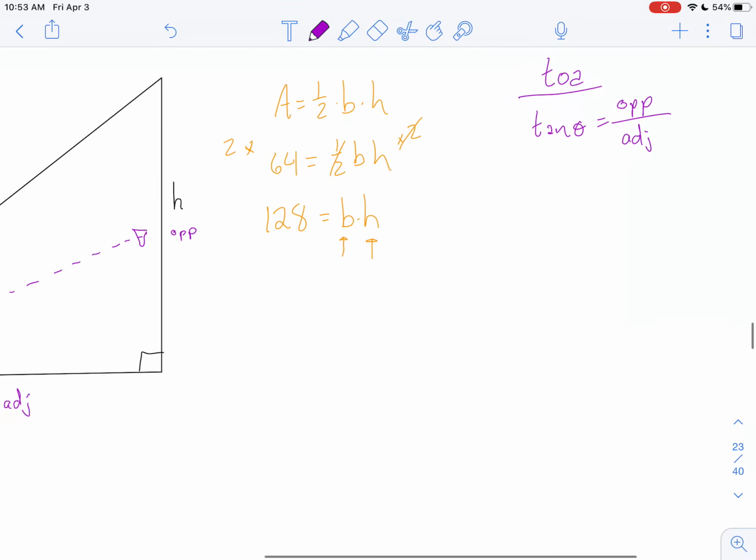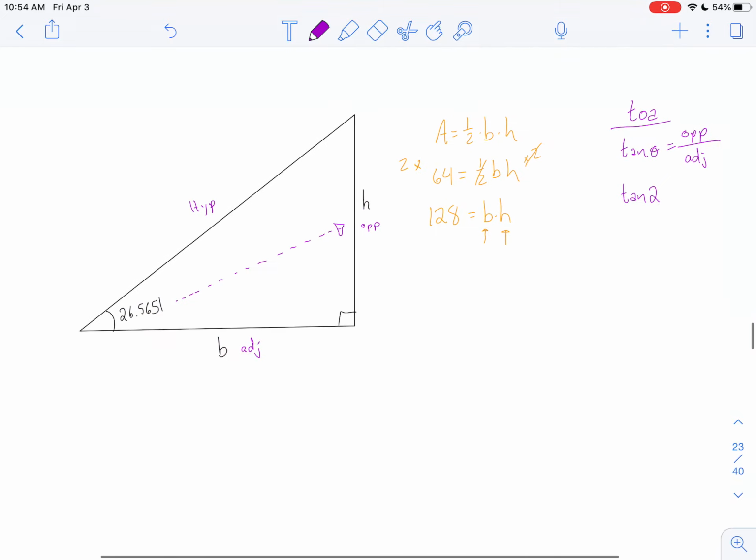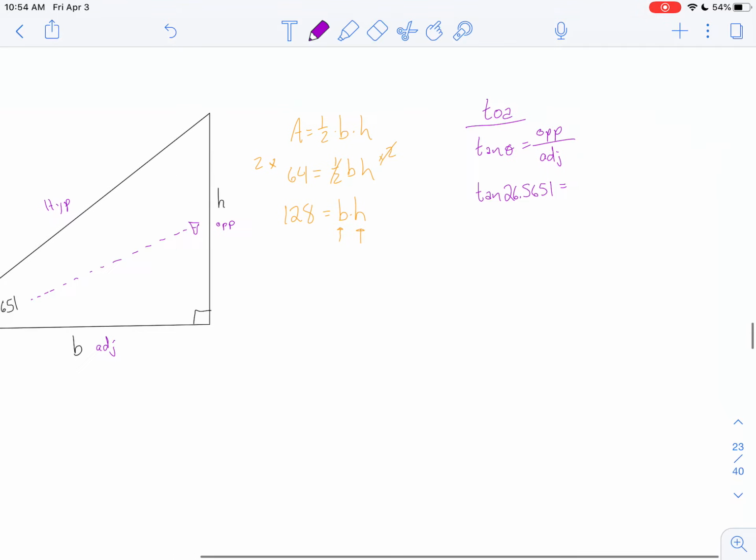And fill in some values. We know tan of 26.5651 is equal to my opposite. I don't know what it is, so I'm just going to leave it as h. My adjacent, I don't know what it is, so I'm just going to leave it as b for base.